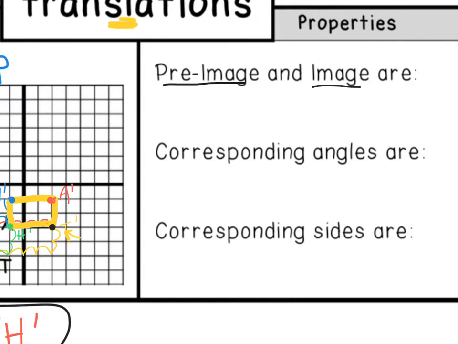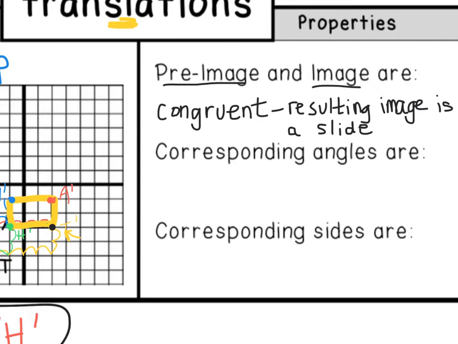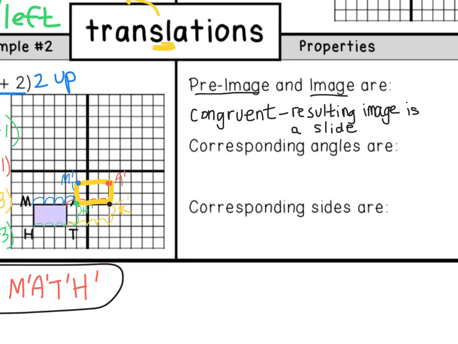So let's make a note of that. So they are congruent. Again, congruent means same shape, same size. And the resulting image is a slide. We slid the figure to the right and up. Okay, so keep in mind corresponding angles. All the angles are the same.